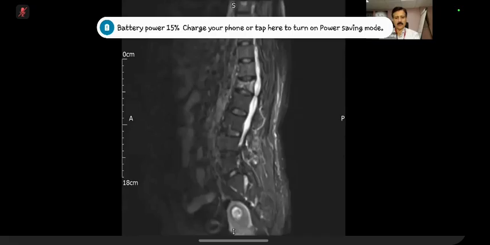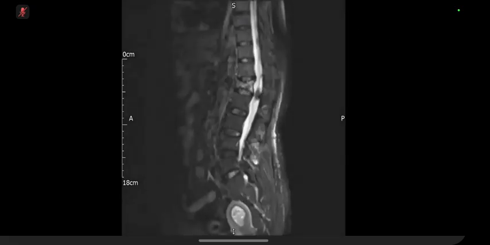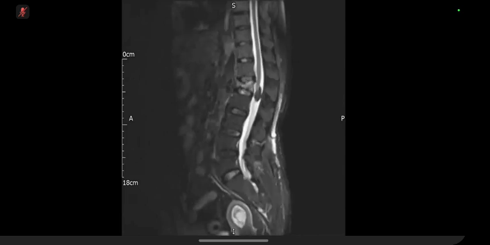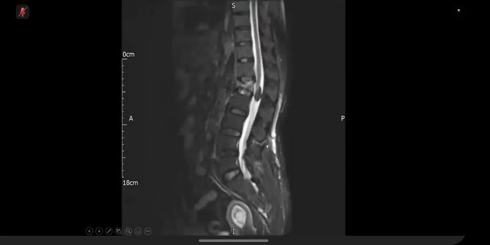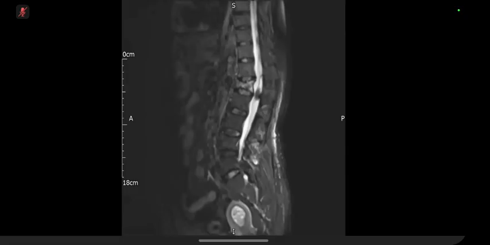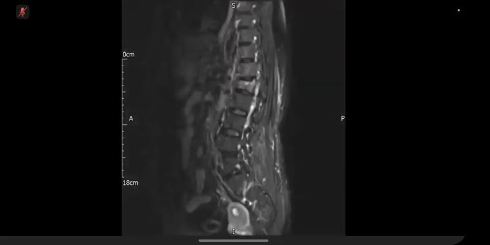STIR sequence. Okay. So on the STIR sequence, once again, I can see an abnormality in the L1 vertebral body. It's high STIR signal compared to the muscle. And I can also see high STIR signal in the endometrial cavity. Having a look at the cord, there isn't significant retropulsion within this cord, and there doesn't appear to be any extension of the abnormal signal within the posterior elements of the spine.